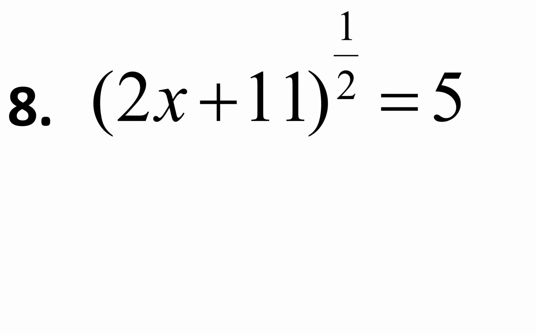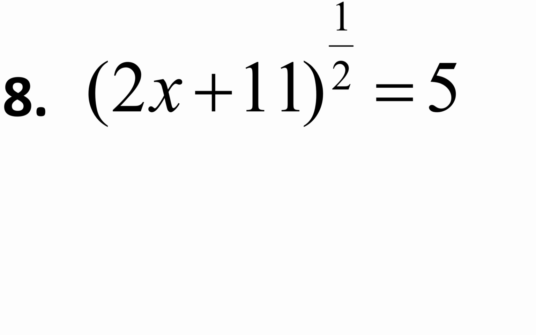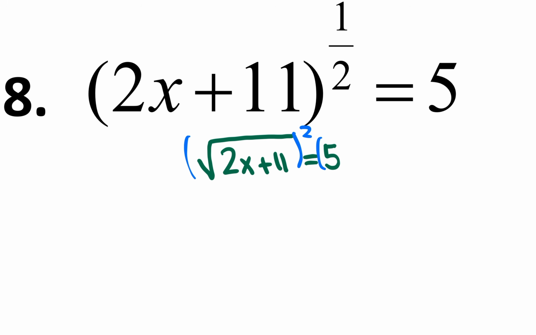Okay, let's move on to question number 8. Same idea here. We have (2x plus 11) to the 1/2 power is equal to 5. So for this one, let's go ahead and rewrite it as the square root of 2x plus 11 is equal to 5. I will then square both sides.